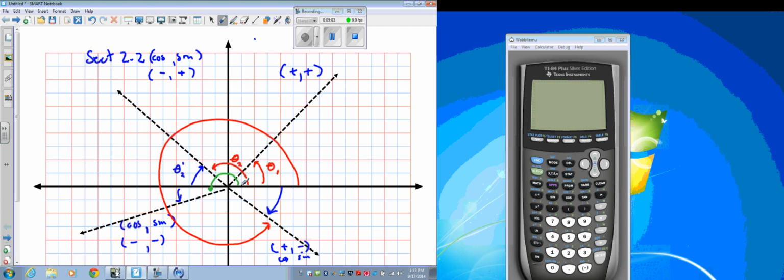And then if you're talking about sine, it's 0 here, it's 1 up here, back to 0 here, then it goes to negative 1, and then it goes to 0. Does that make sense? When you go waveform, it starts out at 0, goes up to 1, down to 0, down to -1, and waves back.